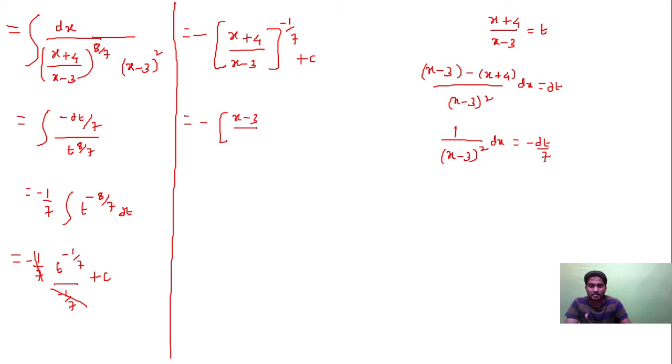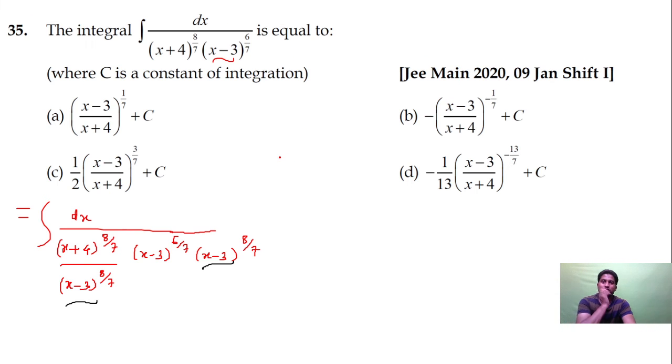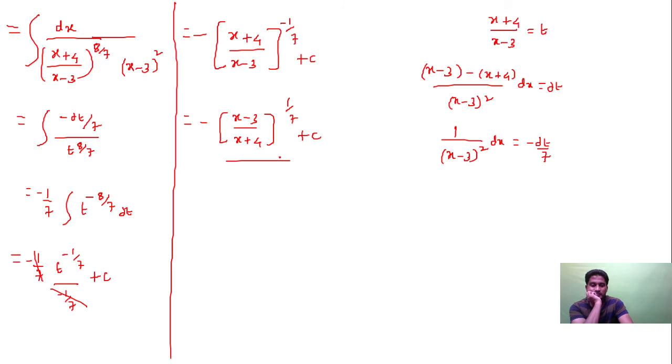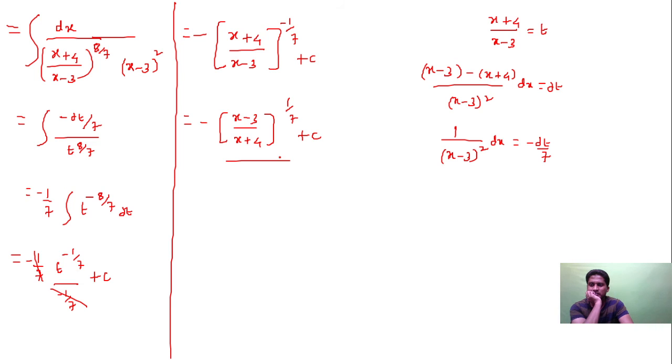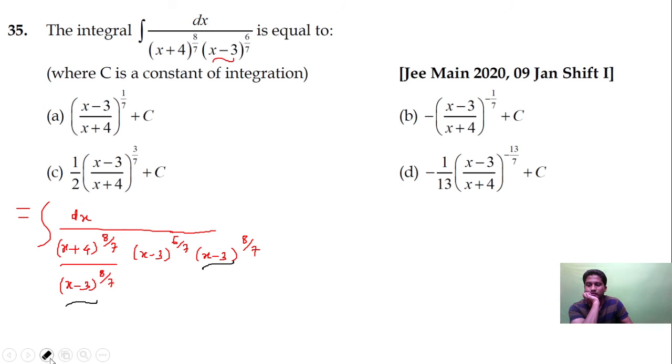This is (x minus 3) upon (x plus 4) whole to the power of 1 by 7 plus c. That's the answer, guys. On option 35, there is no minus, because the minus and minus cancel in the integration. So the answer is (x minus 3) upon (x plus 4) whole to the power of 1 by 7 plus c. The answer will be option A.